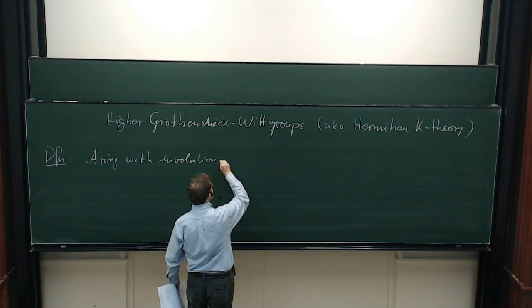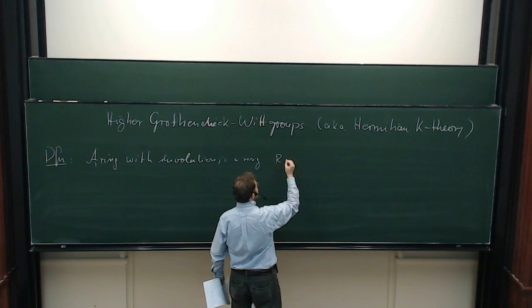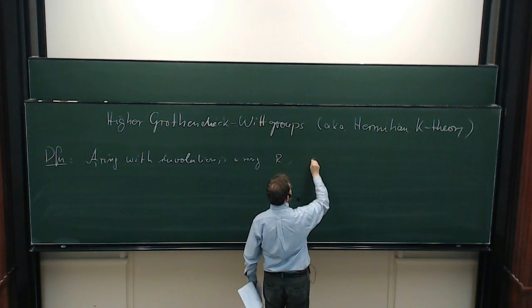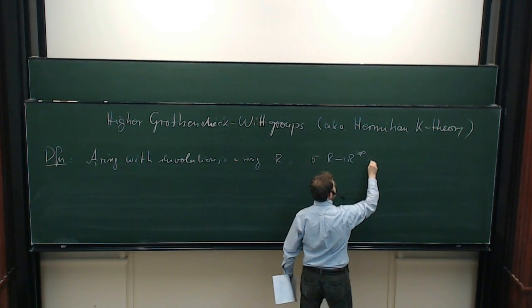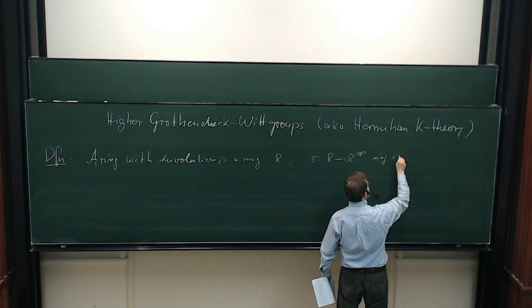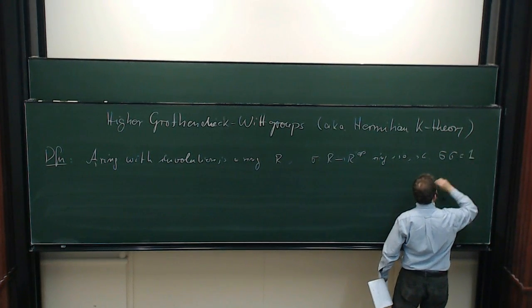So this is a ring R together with a ring isomorphism to its dual, such that if you compose it twice, you get the identity.